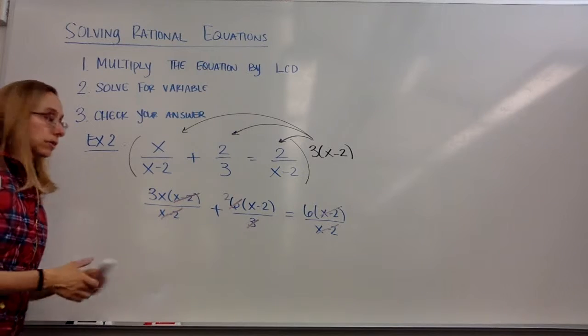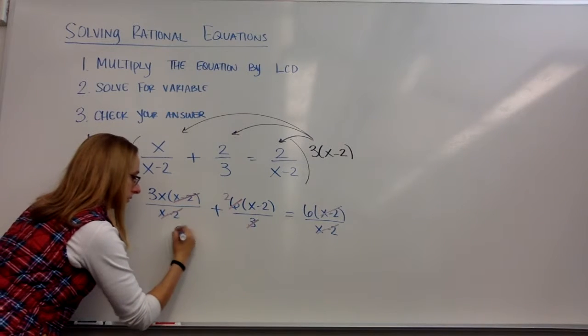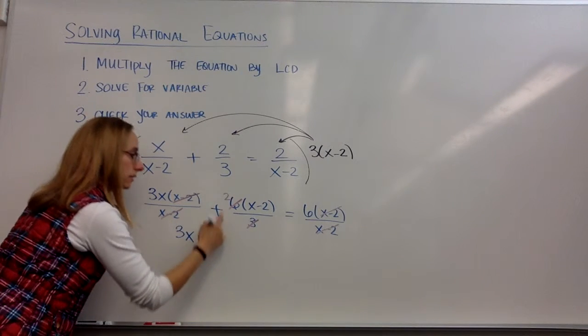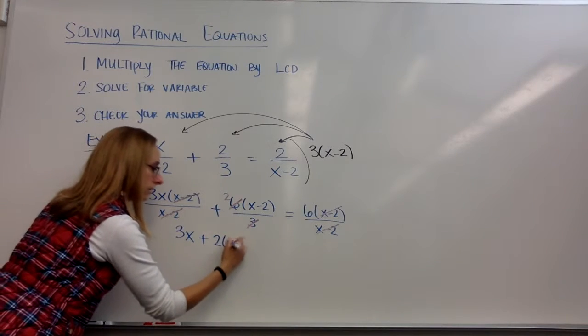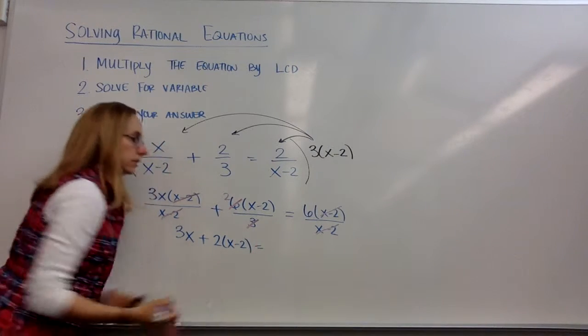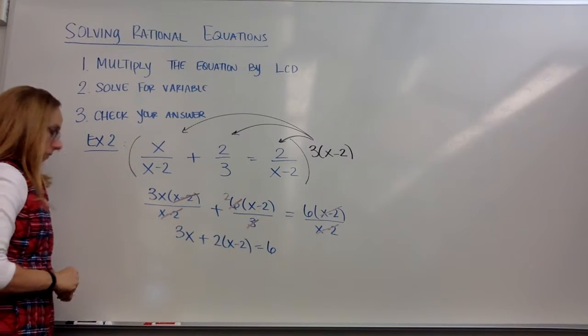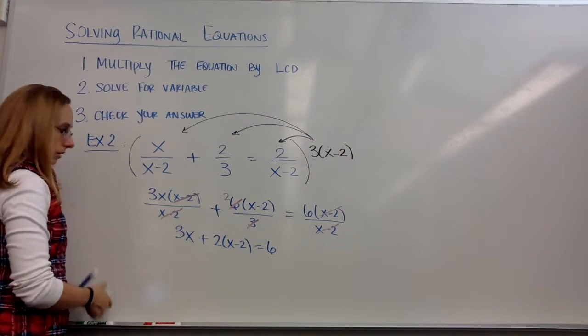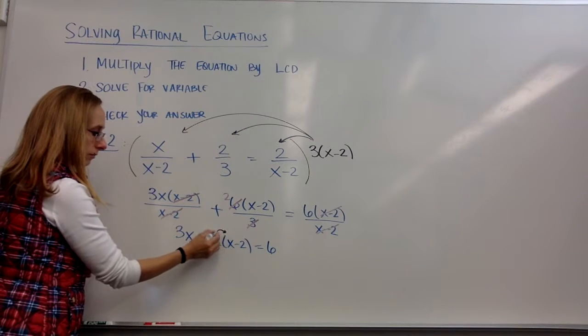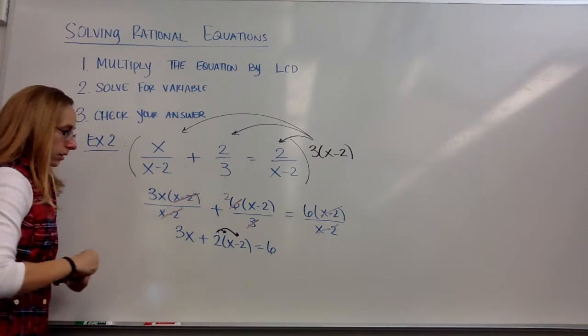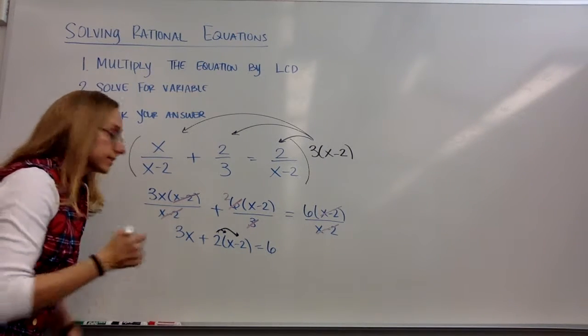From the first term, we're left with 3x plus 2 times x minus 2 is equal to 6. Again, we're going to distribute our 2 in order to solve for x.